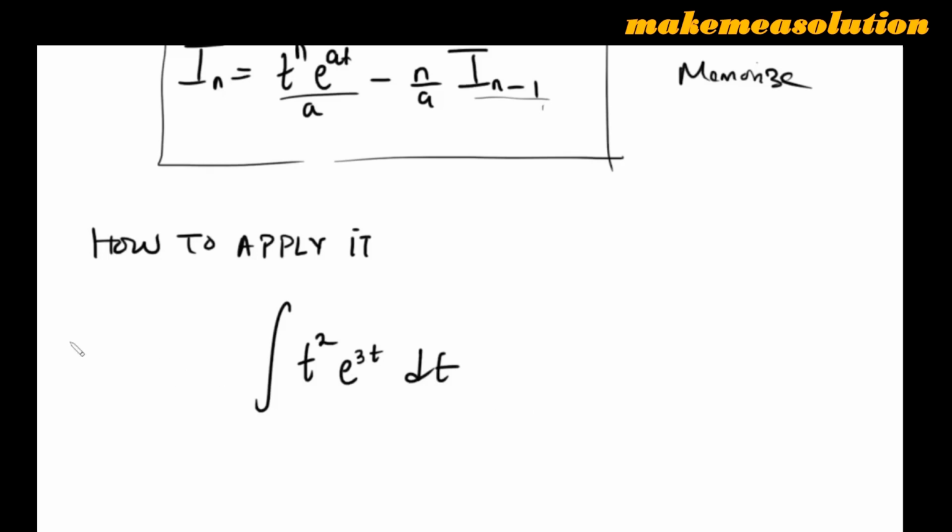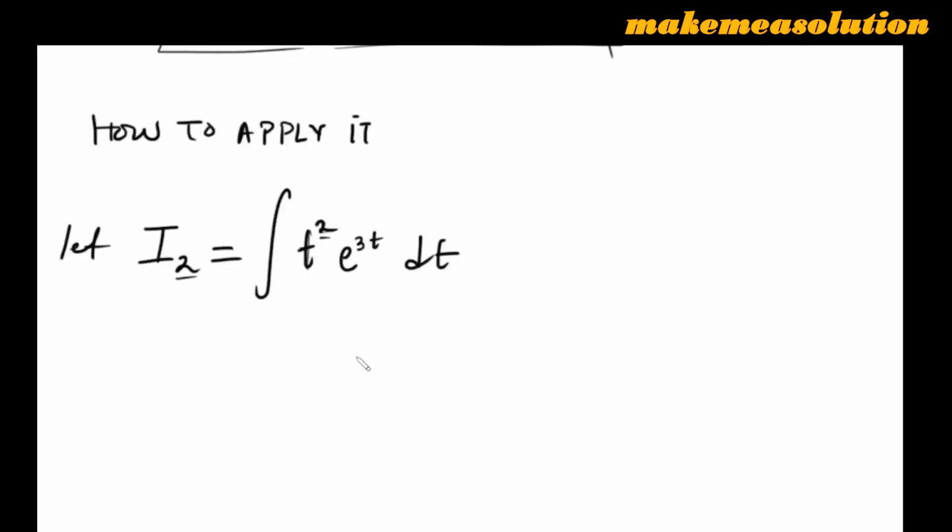So you can say let I_2 be an integral such that the order of t is 2. Remember, these two numbers should match. So remember that you have set the stage.